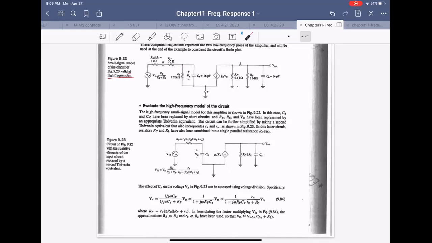This V pi is V Thevenin's times how much goes to here, across all of this one plus this. RP is this one in parallel with this guy. And V pi is given by this expression in terms of V in. Then we can have V out.